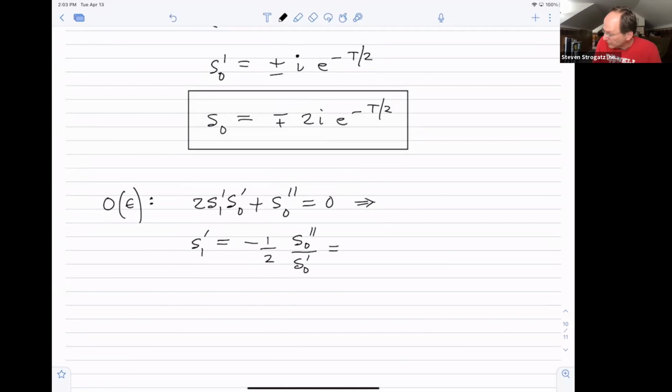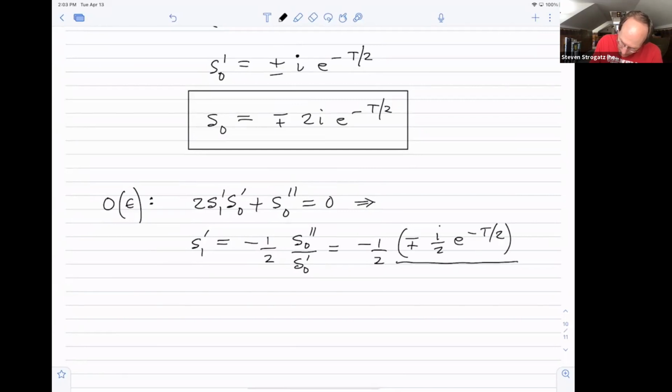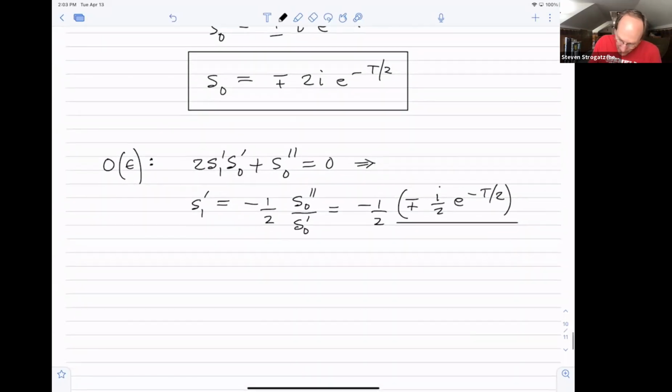Do the substitution, you get minus a half, minus over plus i over 2 e to the minus t over 2, and then in the denominator, plus over minus i e to the minus t over 2.